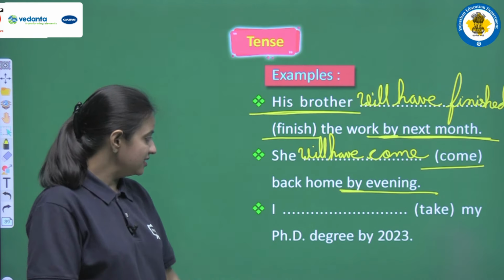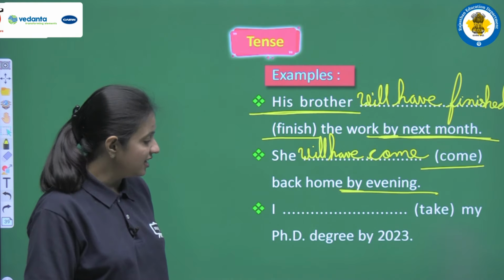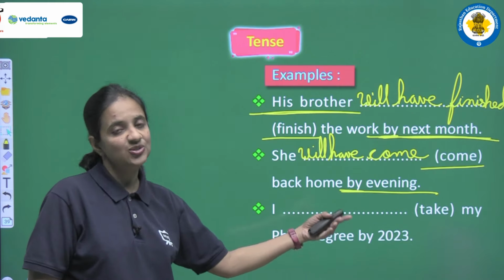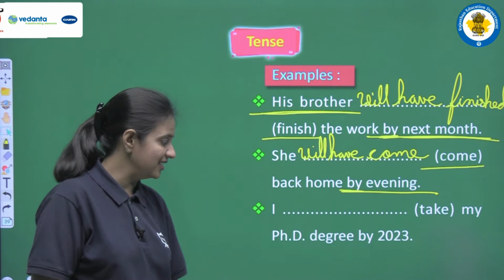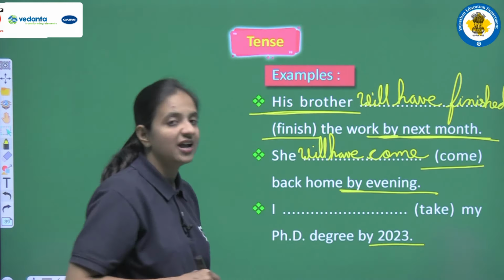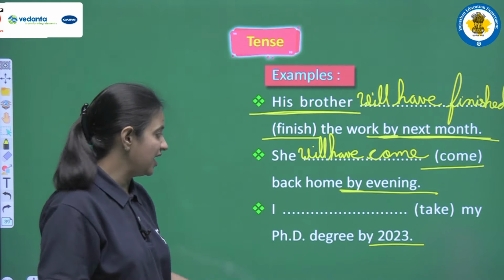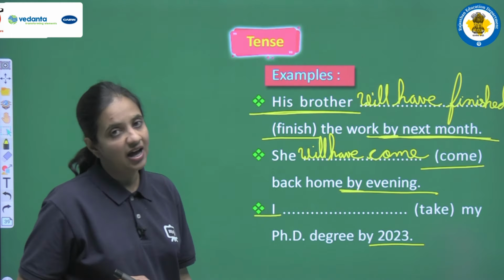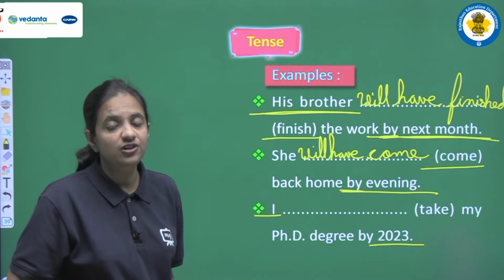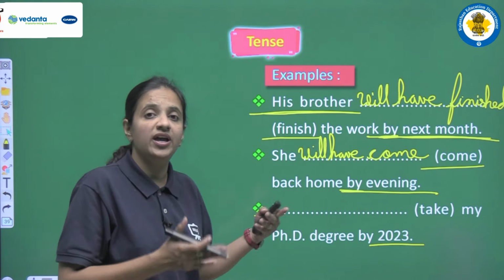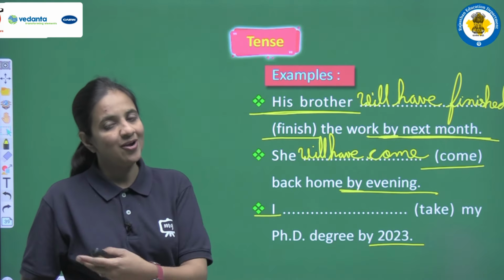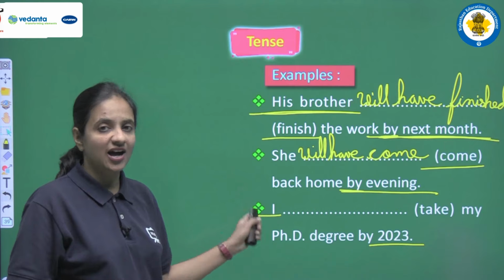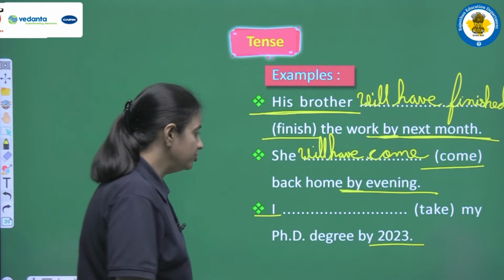Clear? Next is: I take my PhD degree by 2023. So yes, we have already discussed this sentence. Again we are having future time, we are having by plus future time. As a subject we are having I. So just be careful about the subject and where you have to use will have, where you have to use shall have. For I we have to use shall have.